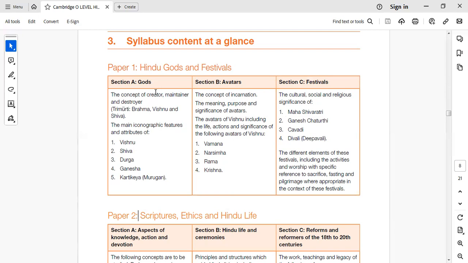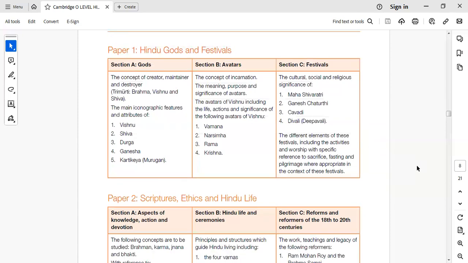And in each paper, you have section A, section B, and section C. Paper 1 has the 3 sections, and paper 2 also has the 3 sections. So you need to know what we have in paper 1 and what we have in paper 2. We need to know that properly.